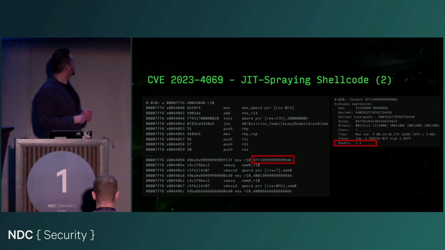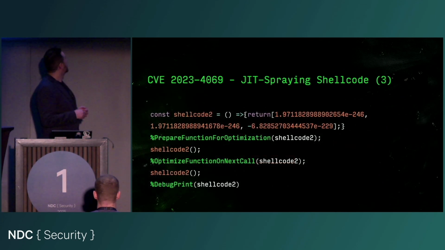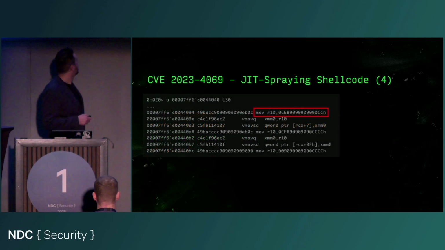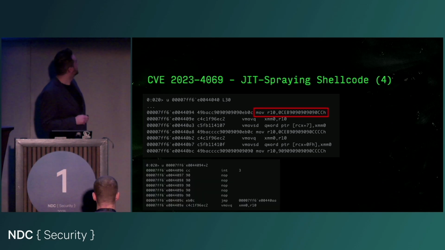So what are we doing here actually with this? What if we can treat this float data as code instead of just floating numbers? Let's revise this function to something different. We now have even uglier floating numbers here. We have 3 floating numbers that don't look like anything reasonable from this output. But how do they look in memory? Let's see. Here we're moving another value, which seems different, into R10.